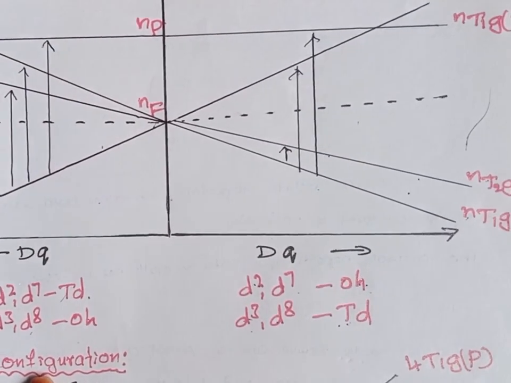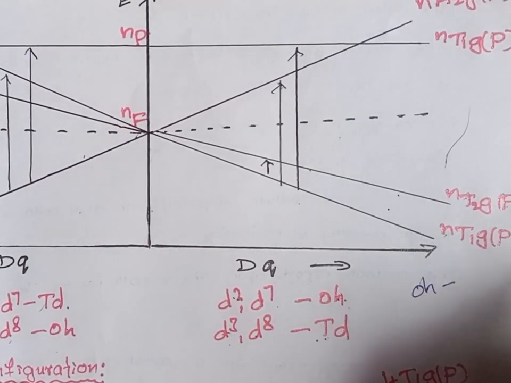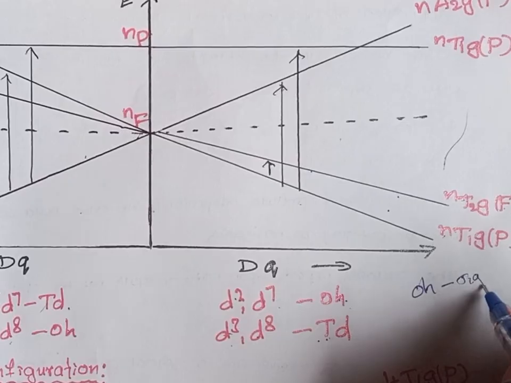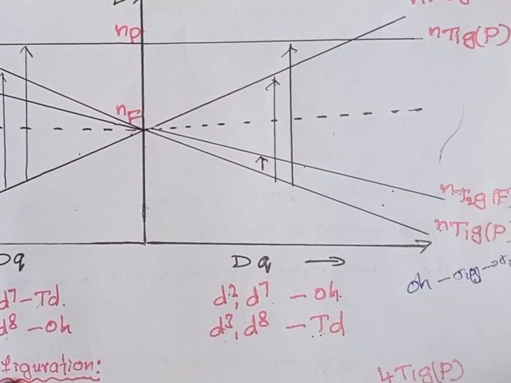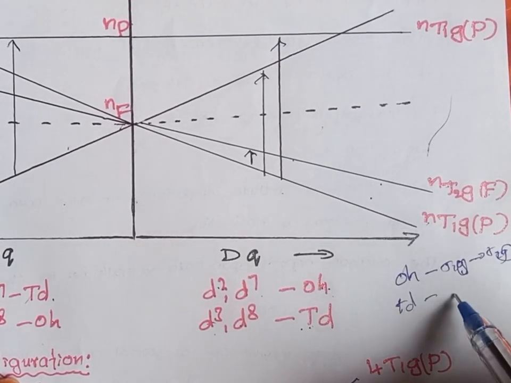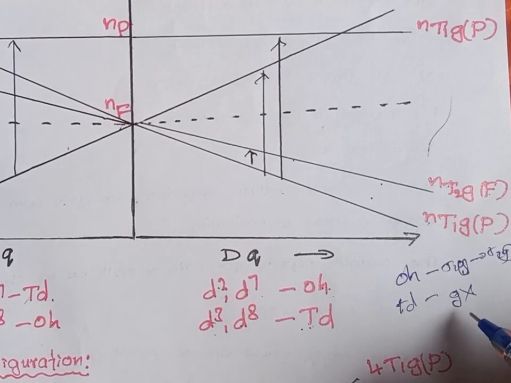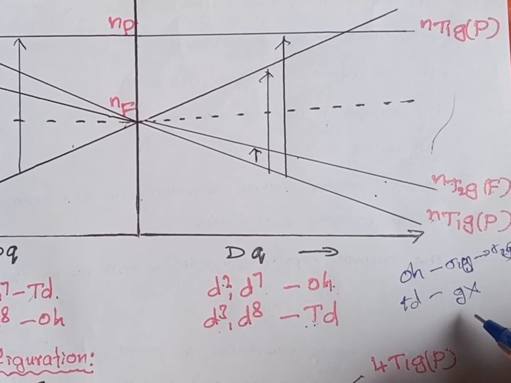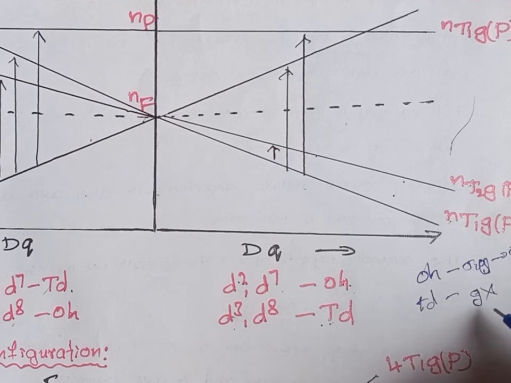Here one thing to be noted: when writing the transitions in octahedral, we can write T1G to T2G, we can add the G subscript. But when writing the tetrahedral transitions, we should not add the G subscript, because tetrahedral does not have centrosymmetry, a center of inversion, so it is ungerade.